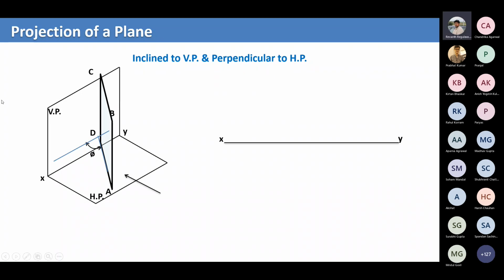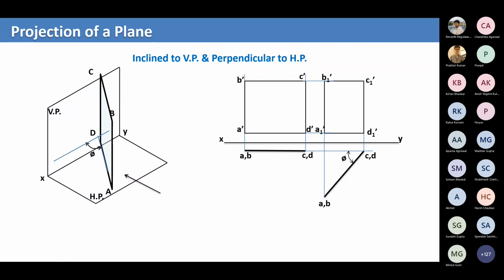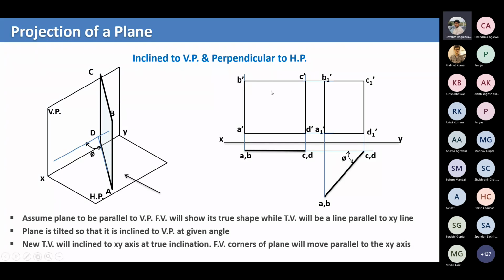So we have already seen how to project this also. This is the true shape of the plane, and this is the line form of the plane. But since it is at an angle phi, we tilt this line to get it at an angle phi.